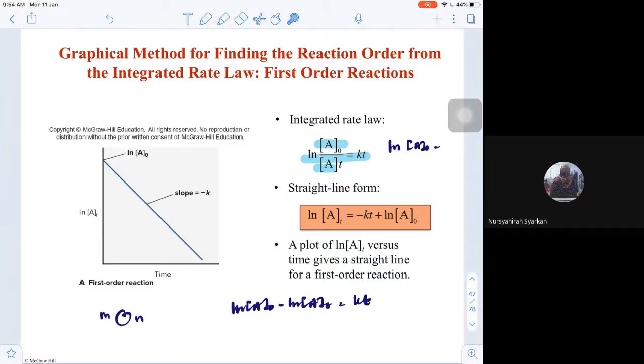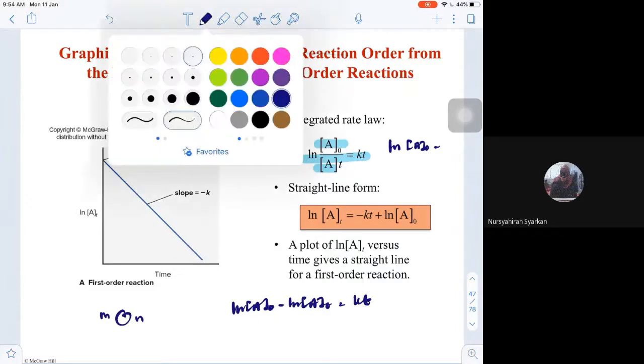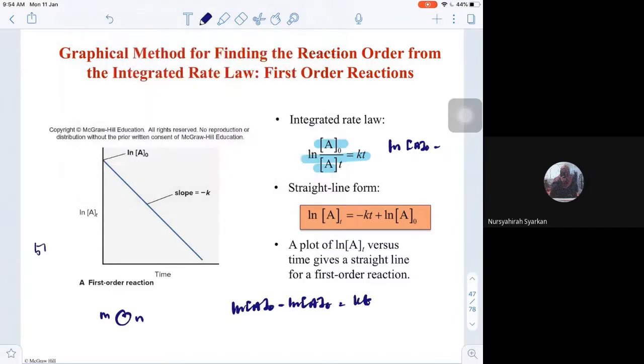If we have a reaction where the initial concentration is 5 molar, this is the A naught. If I ask you what is the initial concentration now, the answer will be 5 molar. After 10 seconds, if I ask you what is the initial concentration of this reaction, the answer will still be 5 molar, because I asked you for the initial concentration.